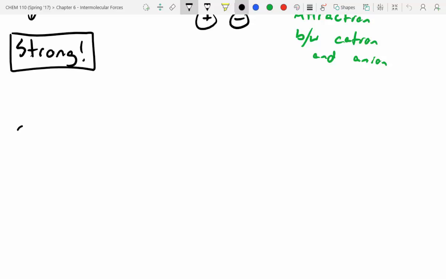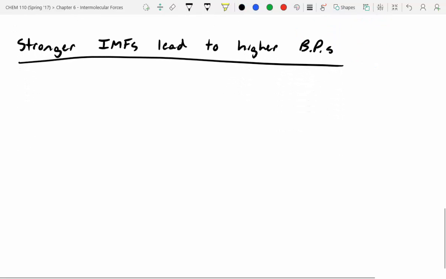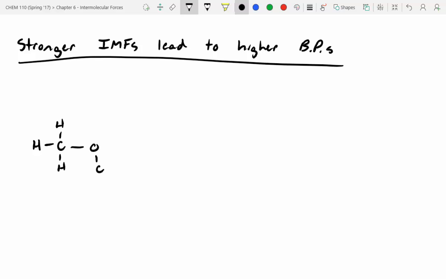And last Friday we said stronger intermolecular forces lead to higher boiling points. All right, so I'll give you guys a pair of molecules, and I want you guys to help me determine which one has the higher boiling point.